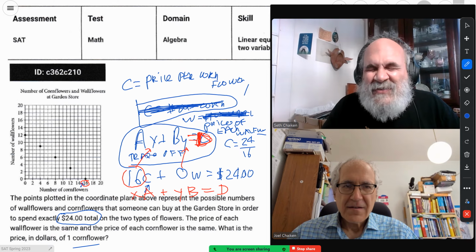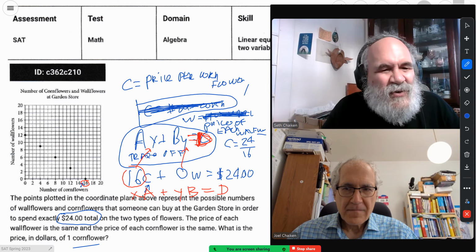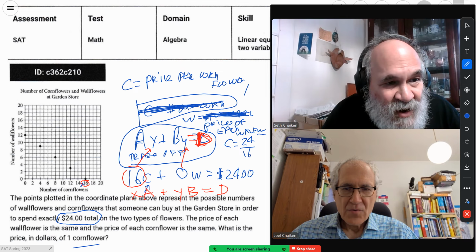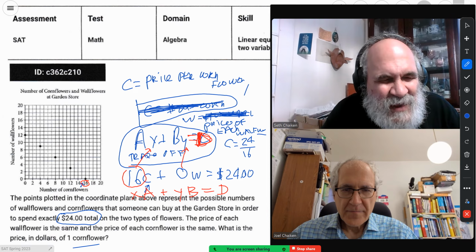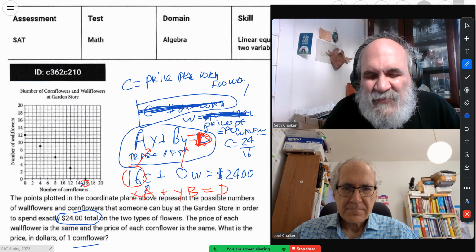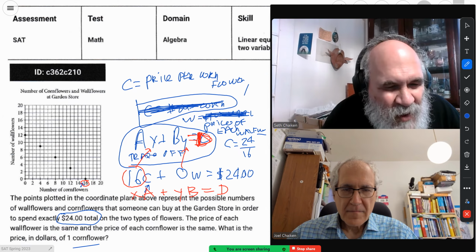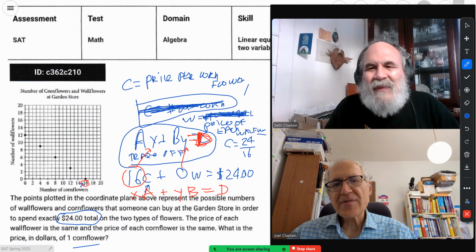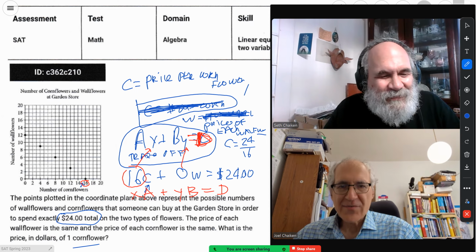It simply tells you that if you don't spend any money on wallflowers, it tells you how many cornflowers you get. And it's all for $24, so you could calculate immediately that the price per cornflower is $24 divided by 16. And to get full credit on the test, you cannot write 24 over 16.